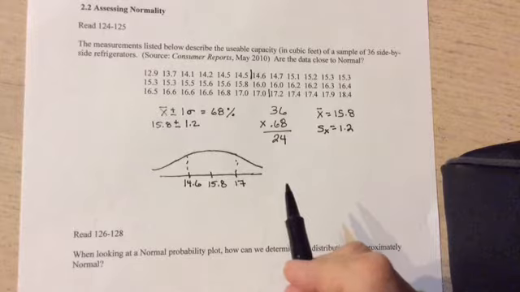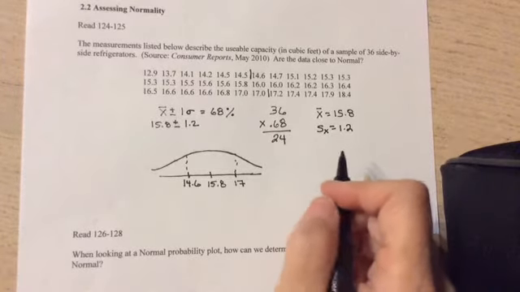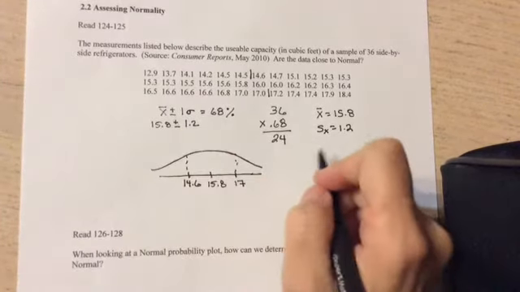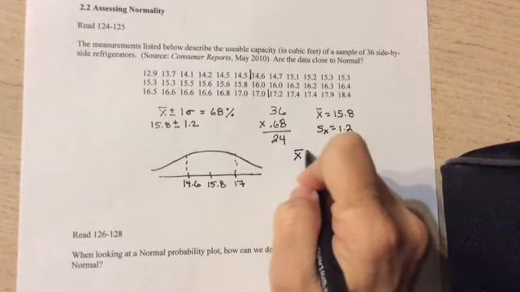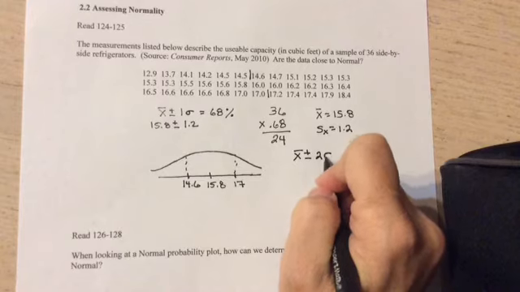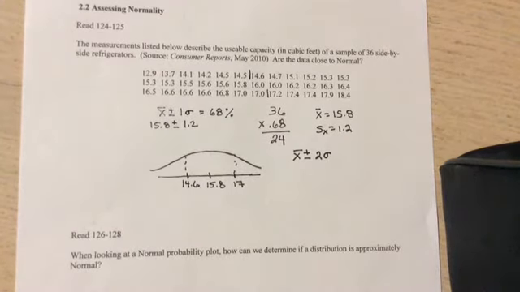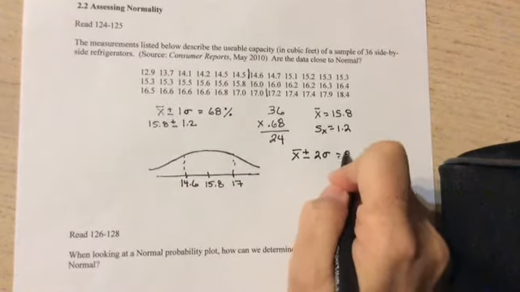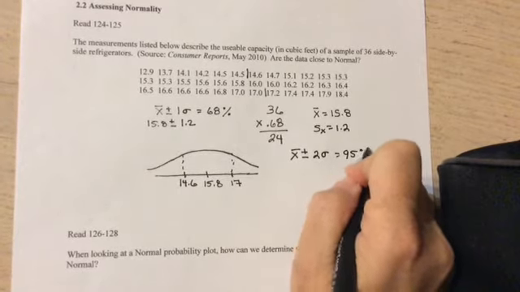But that's not enough. We also have to have 95% of our data fall within 2 standard deviations. Well, where would 2 standard deviations be?